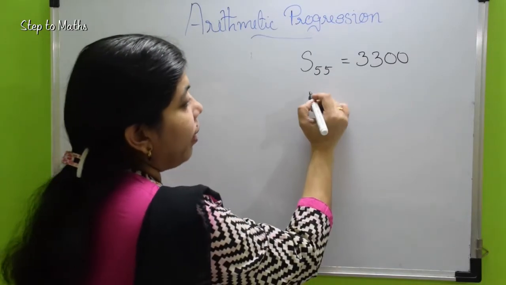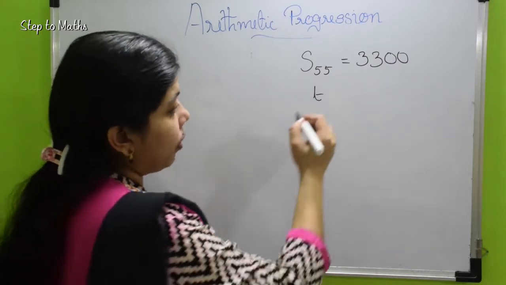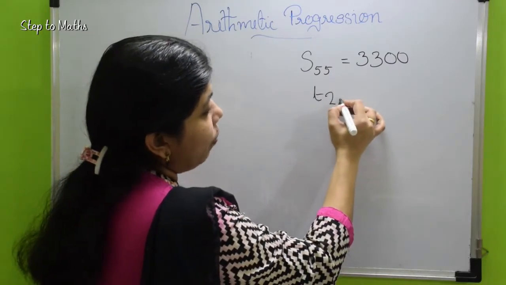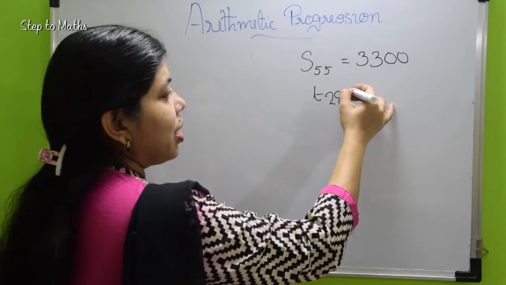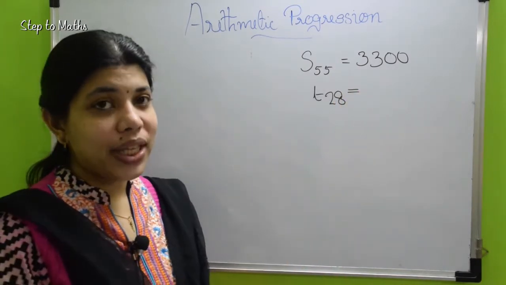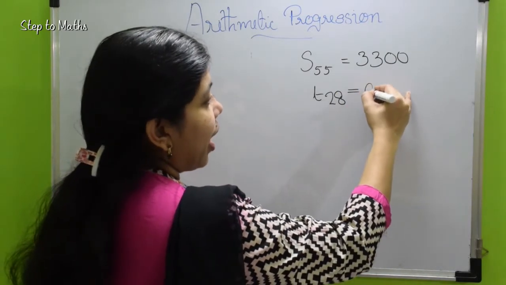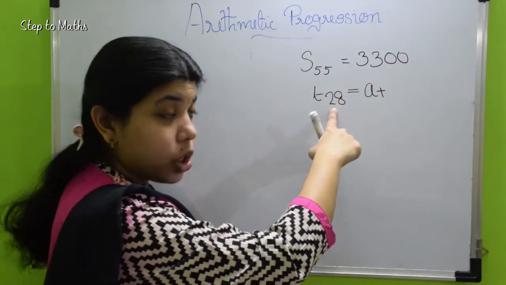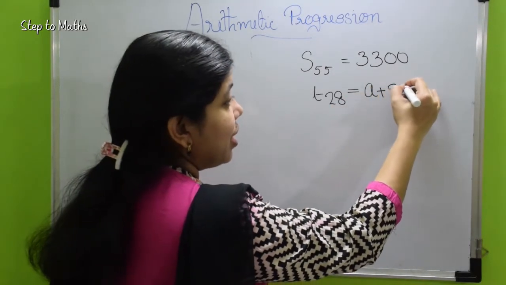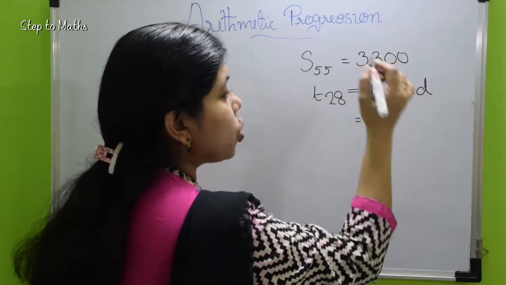We have to find its 28th term. We can write it as T28, and using the relation Tn is equal to a plus n minus 1 into d, we can write it as a plus 28 minus 1, that is 27d. We have to find its value.